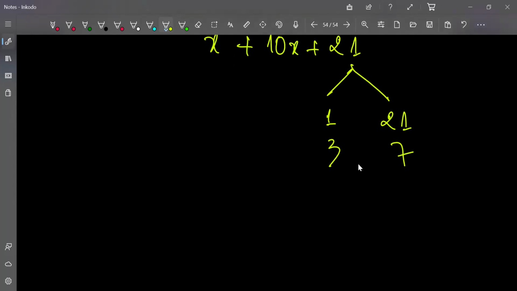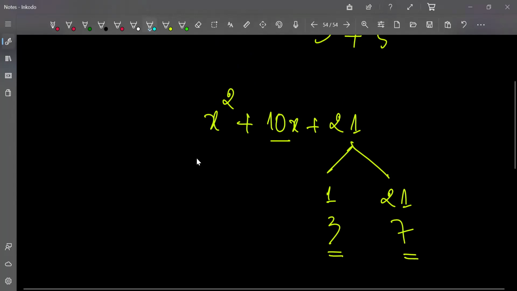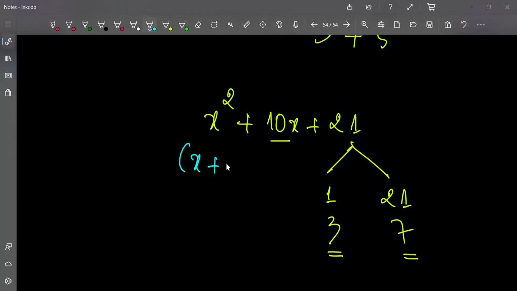But you see, 3 and 7 add up to 10. So now the two numbers that we are looking for are 3 and 7. We don't need to list another pair. Okay, so our expression becomes (x plus 3)(x plus 7).